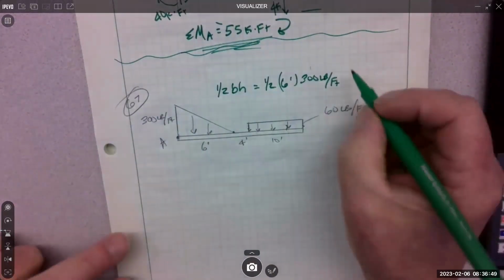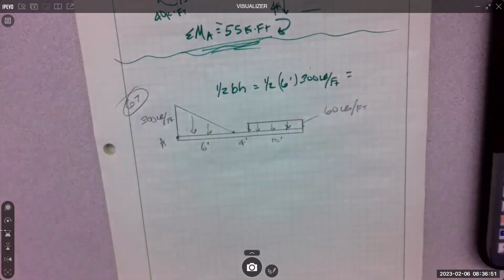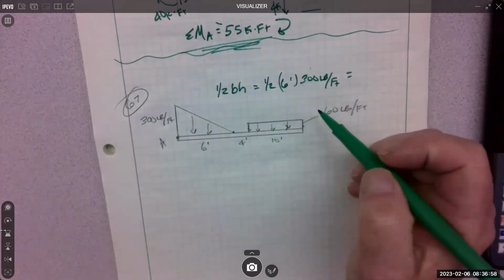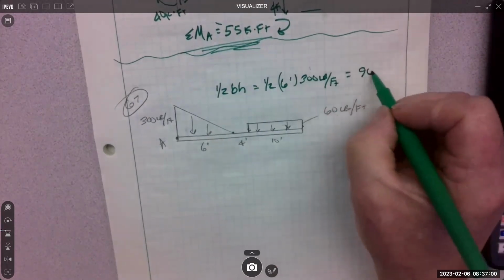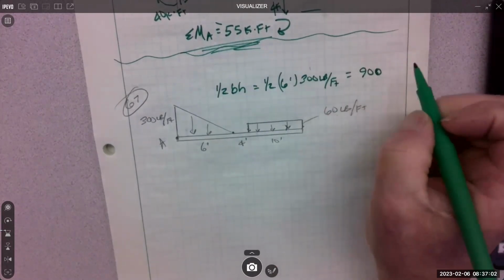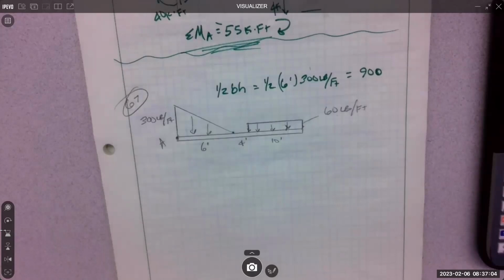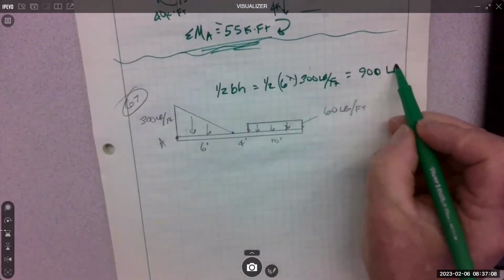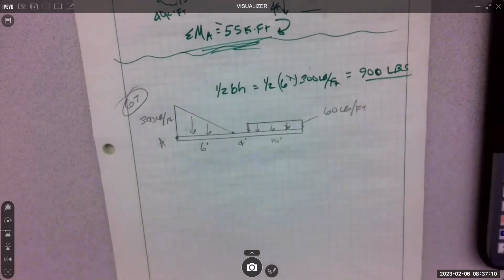Right? So I can do that math in my head, maybe. We got 1/2 of 6 is 3. And 3 times 3 is 9. Yep, 900. And what's the units? Yeah, because the feet cross, right? And we're left with pounds. That's our concentrated load for the triangle.